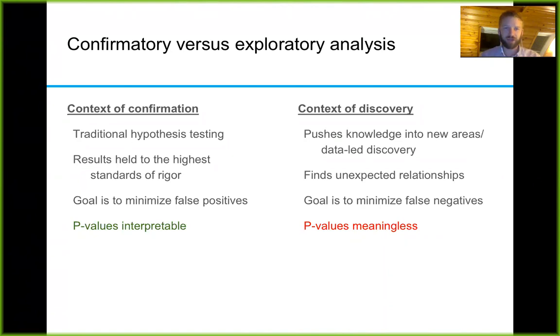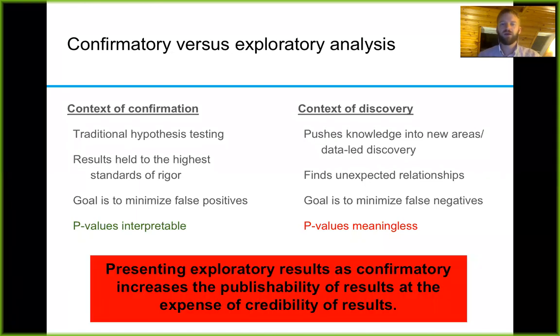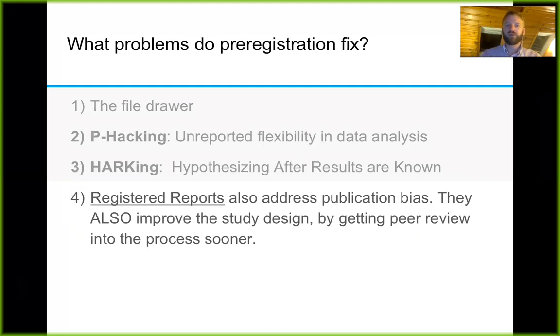It's very hard to keep track of how many tests are going on, almost impossible. Unfortunately, when you present exploratory results as confirmatory, using the tools of confirmatory hypothesis testing, that increases the publishability of the results, but that comes at the expense of their credibility. So that is the problem with that.